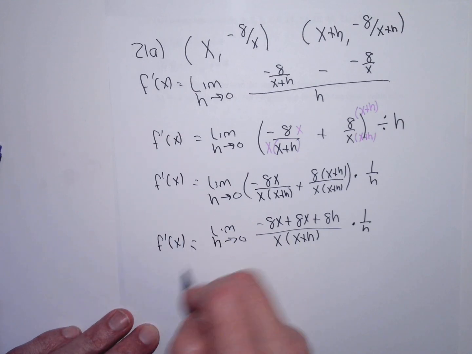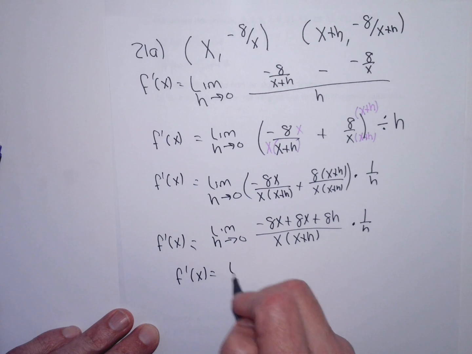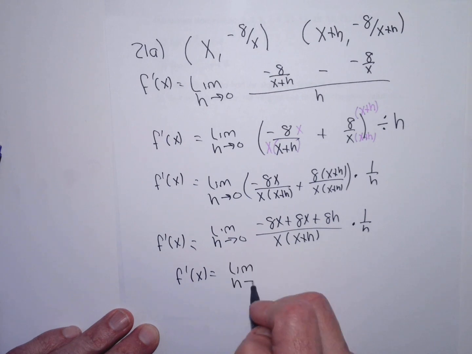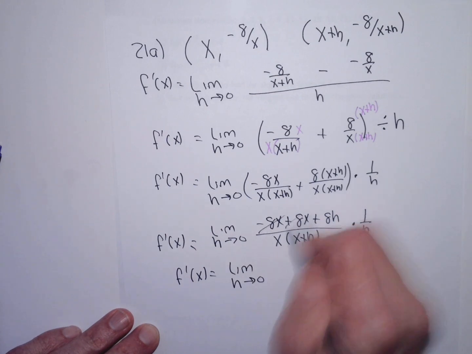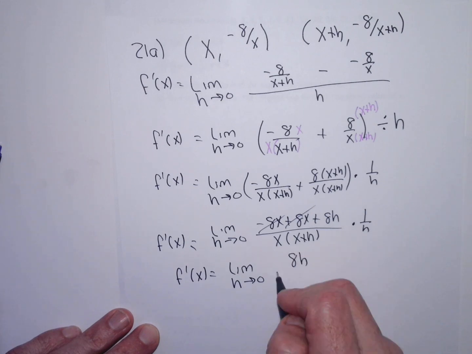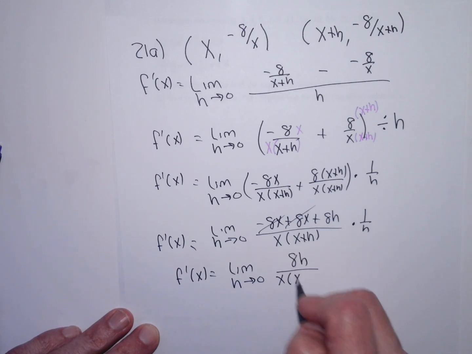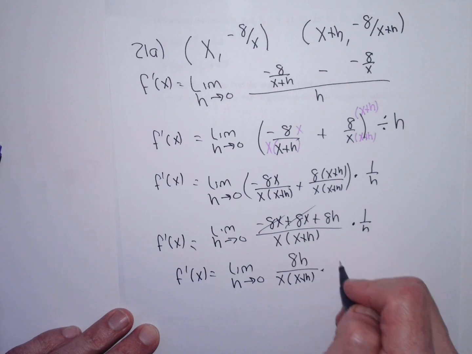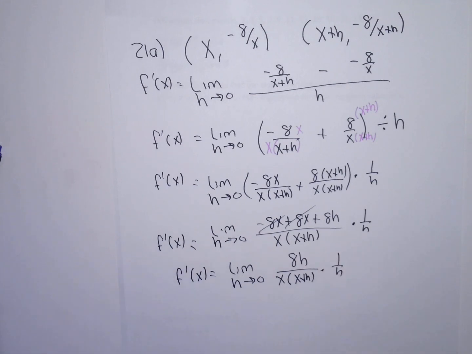So this gives me the derivative, or the formula to find the slope of a tangent line, is the limit as h goes to 0. In the numerator, the 8x's cancel. I'm left with 8h over x times x plus h times 1 over h.